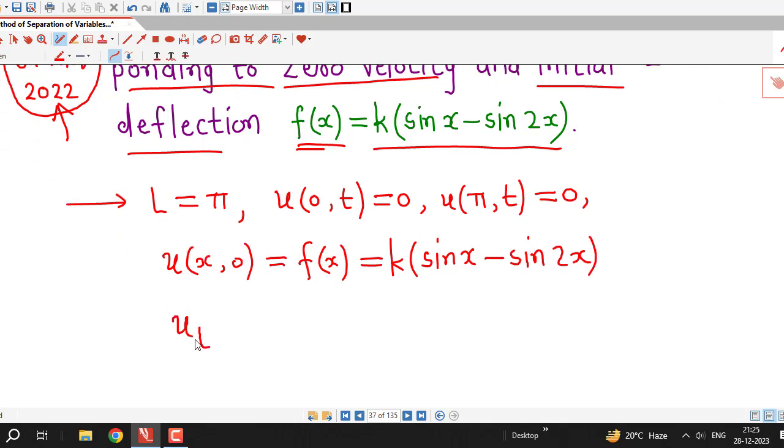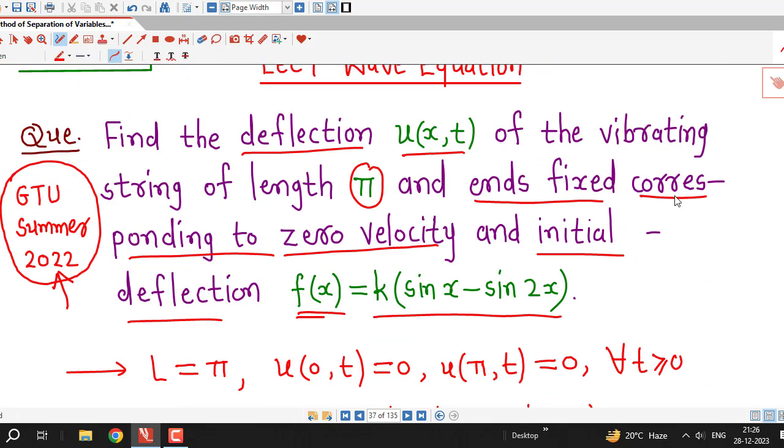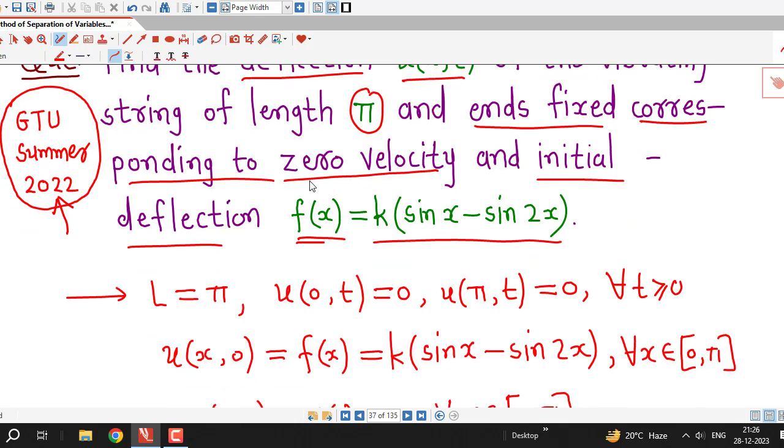That is, del u by del t at (x,0) is given by g(x) equal to 0, and this is true for all values of x in the interval 0 to pi, because length of the string is pi, and these two conditions are true for all values of t which are non-negative. And here this is the problem of solution of one-dimensional wave equation.